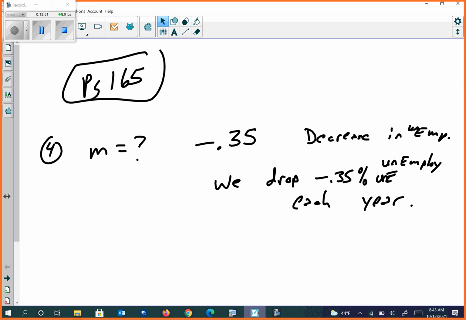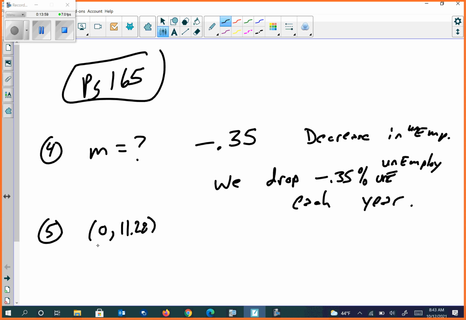I think we could. So number 5, 0, 11.28, which refers to the year 2001. This was the unemployment based on it when we're extrapolating.